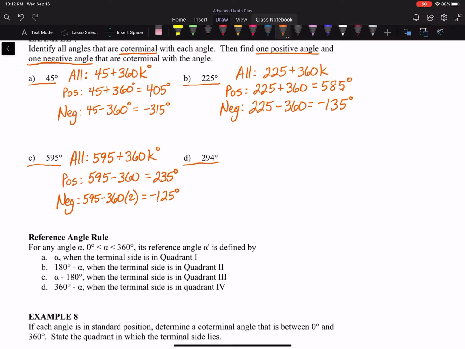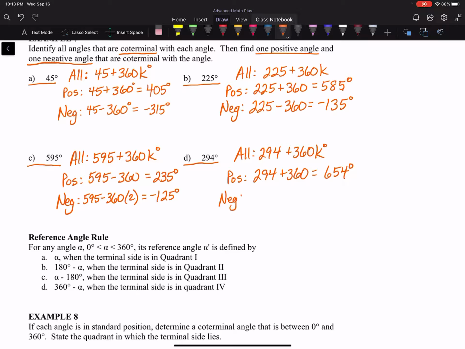Part D, all of it, again, 294 plus 360 times K degrees. A positive angle would be 294 plus 360. That's 654 degrees.